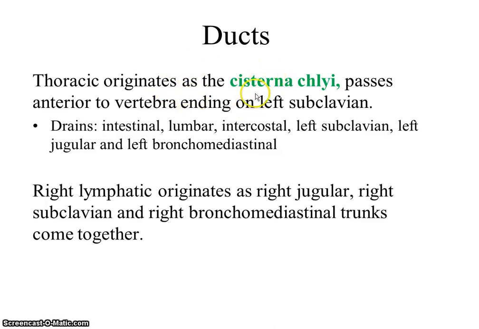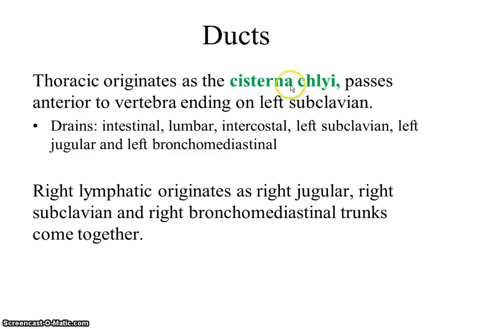It originates as this structure called the cisterna chyli, and this is, of course, right in the middle part of the body, draining from the small intestines. So it's one enlargement; cistern refers to that enlargement. It passes in front of the vertebra and keeps moving up.